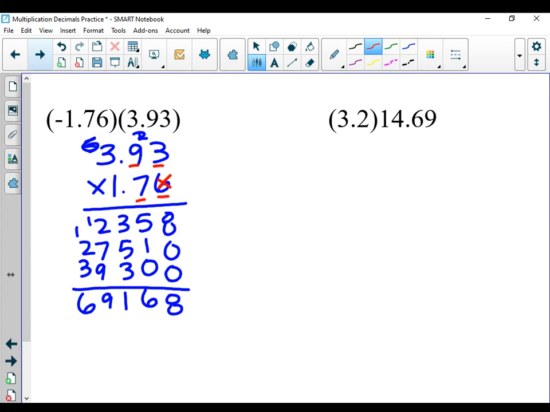One, two, three, four. Put the longer one on top here.